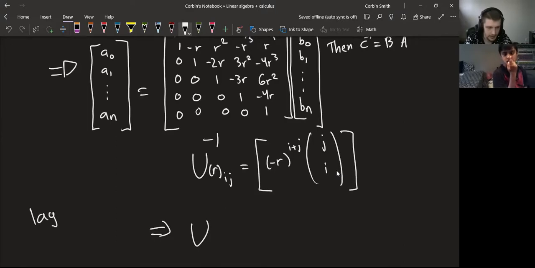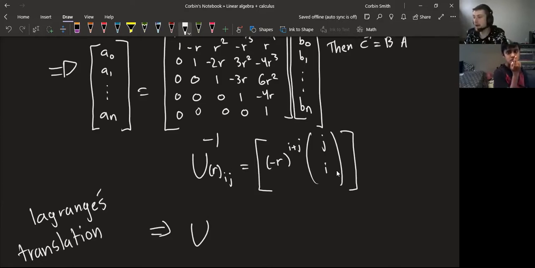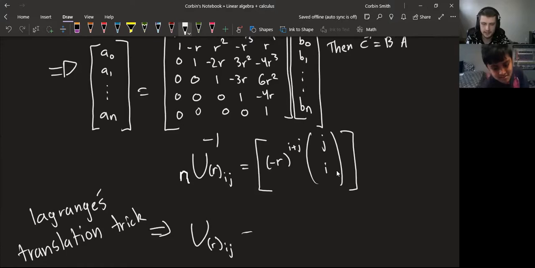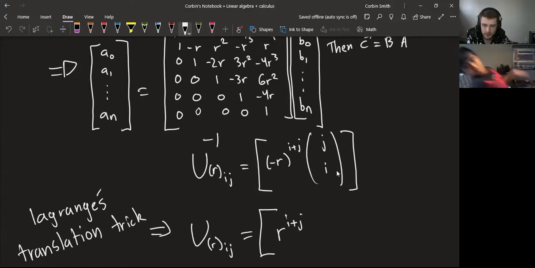Is the minus n trying to correspond to minus 1 times n? Yeah, but n is actually not a power of u, it's the dimension. So that's why I decided to not write the n, because the dimension should just be implied. Why don't we put n here? Maybe, but it's a lot of numbers that we don't really need. So this we saw was r to the I plus jth power times j choose I.